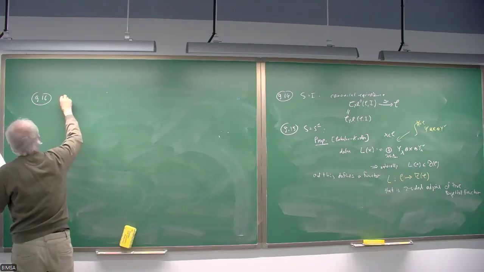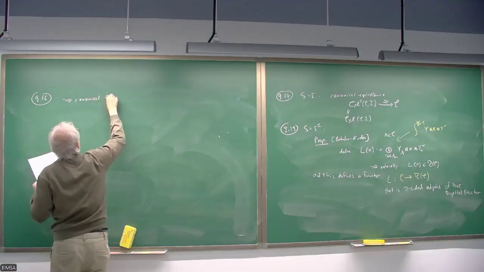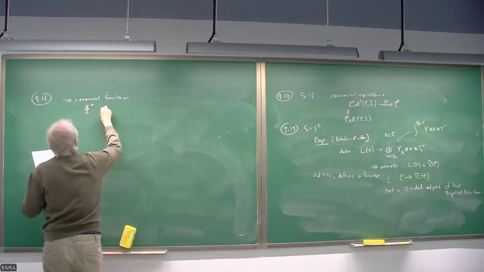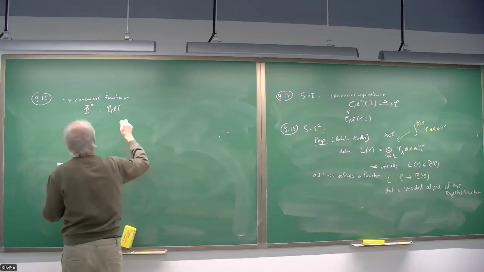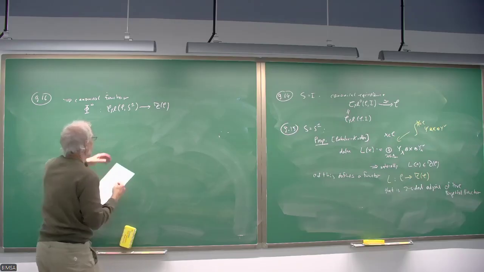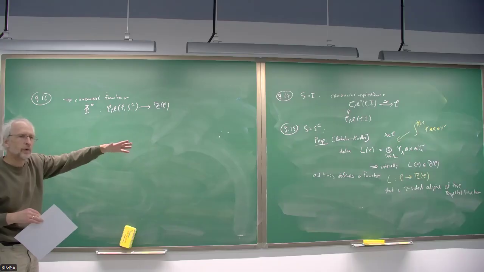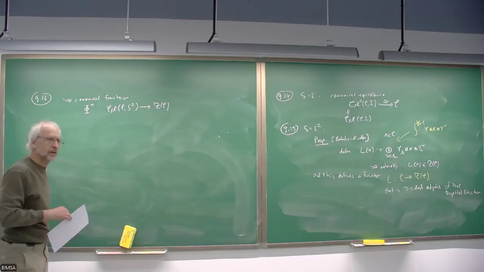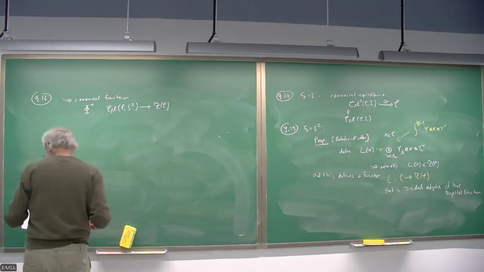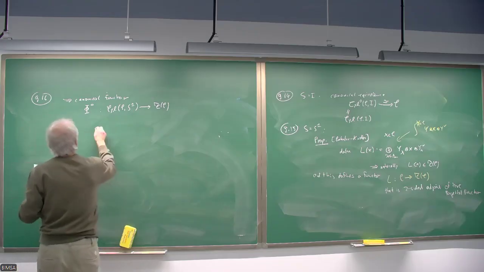The canonical functor, call it capital Phi 0, goes from the cylinder category for the circle to the Drinfeld center. Because on the circle, if you choose a starting point and take a tensor product of the objects, we get an object in C, and this way we get an object in Z of C. This is on objects.